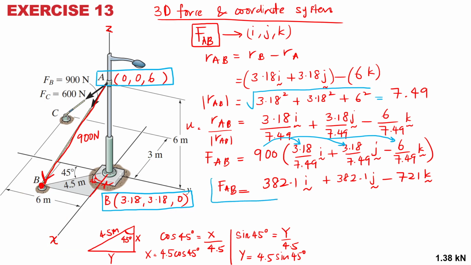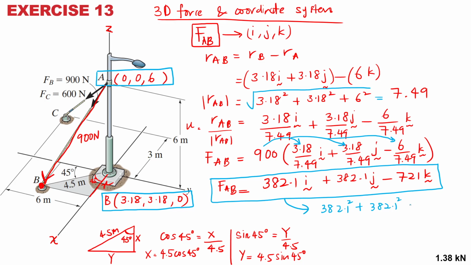And this is very important. Why so? You'll be using this again. It's not a must, but you can check your answer whether you have successfully resolved correctly or not. 382.1 squared plus 382.1 squared plus 721 squared, and you've got to square root the whole thing.